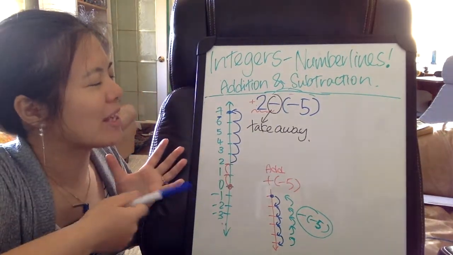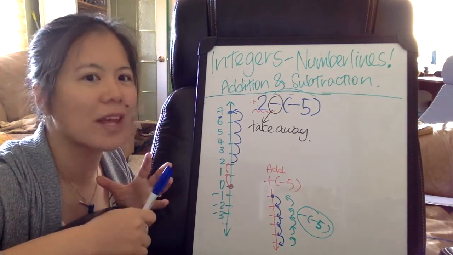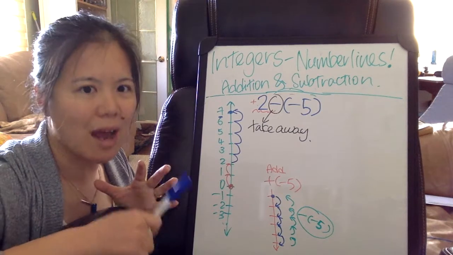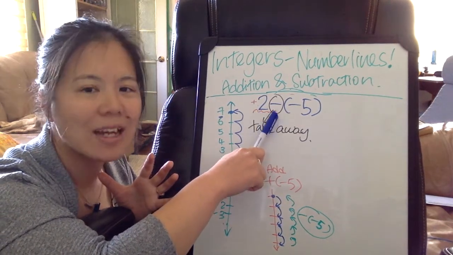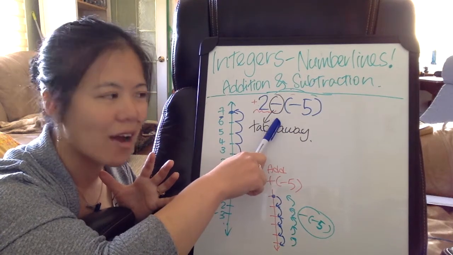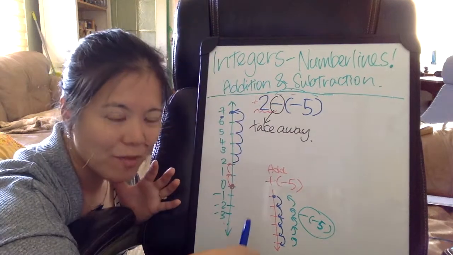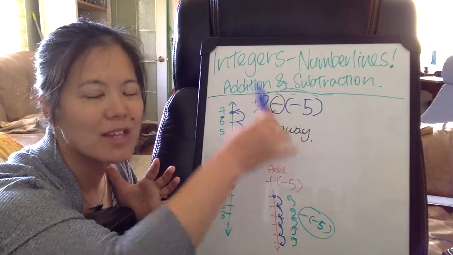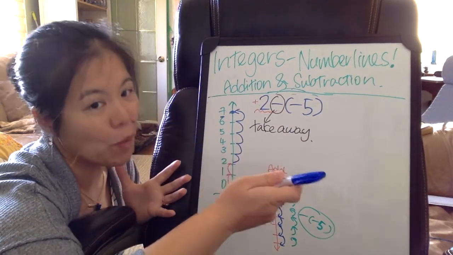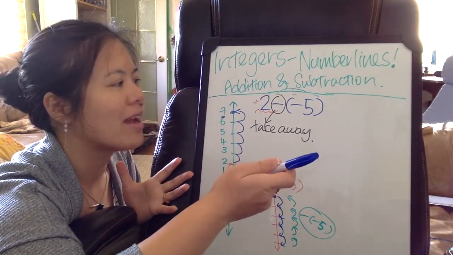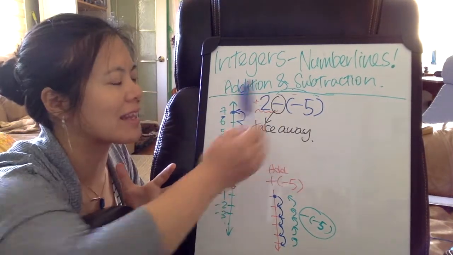Actually, it might work, because you could think of it as, okay, the temperature went up 2 degrees and you are taking away the temperature going down 5 degrees. So instead of temperature going down 5 degrees, you're taking that away. So you're making the temperature go up by 5 degrees. You could think of it that way. But I think the debt situation works much, much better in these cases.